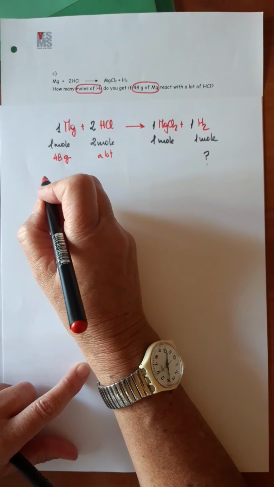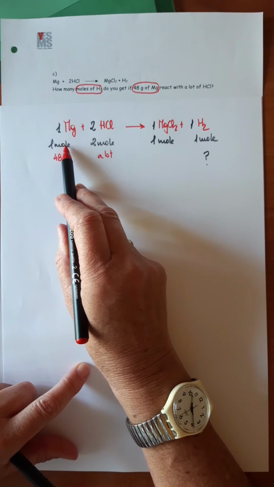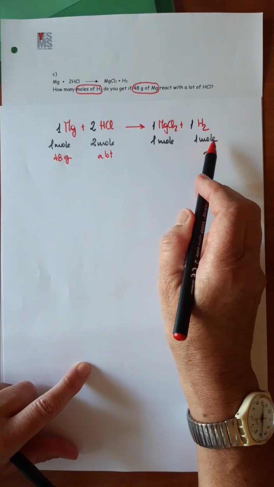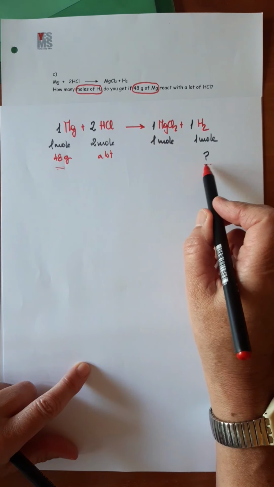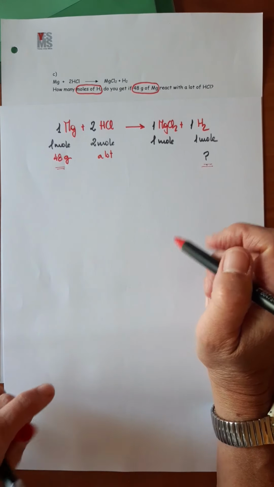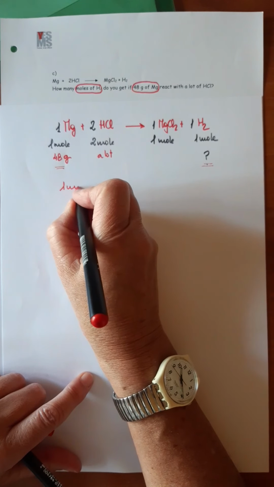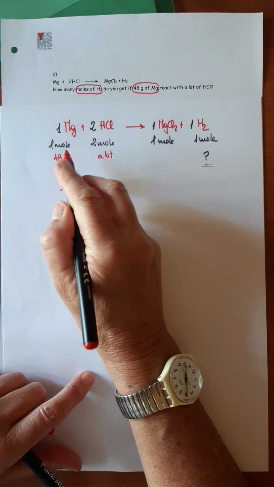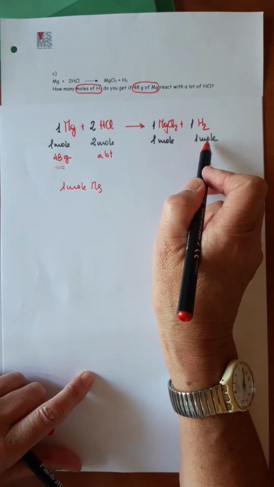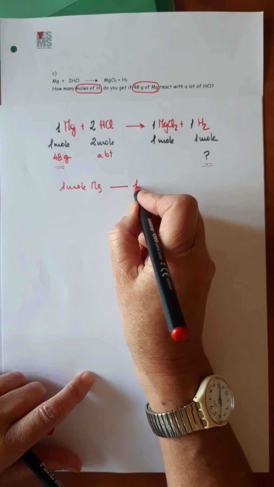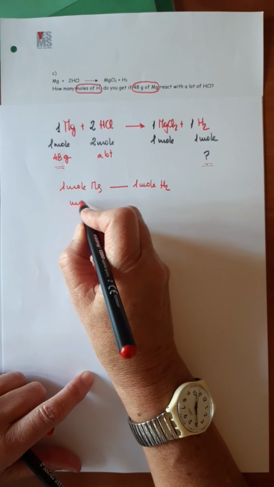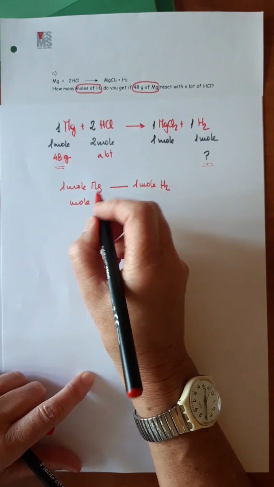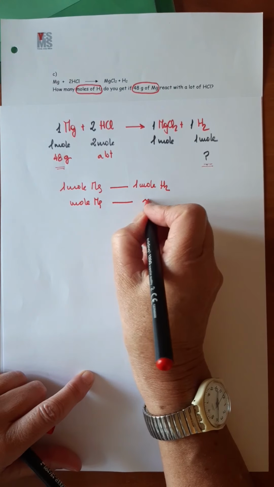So we have to do the relationship between magnesium and hydrogen, because magnesium is our data and hydrogen is our unknown. So 1 mole of magnesium, we get this from here, gives us 1 mole of hydrogen. So the number of moles that represent 48 grams of magnesium gives us X.